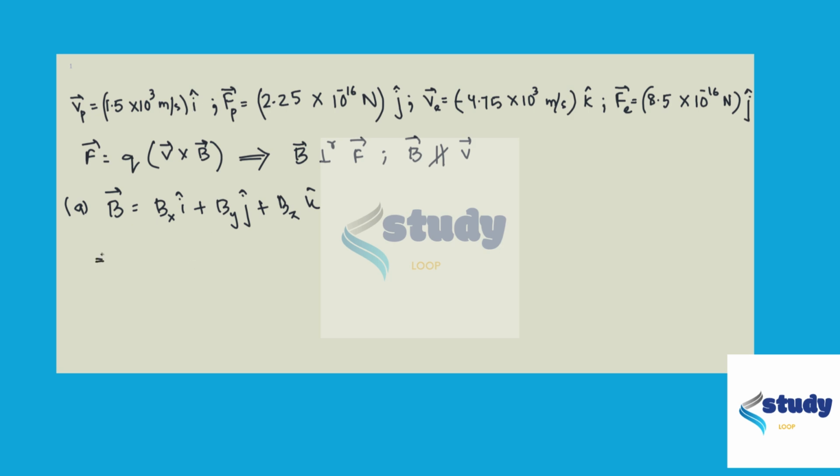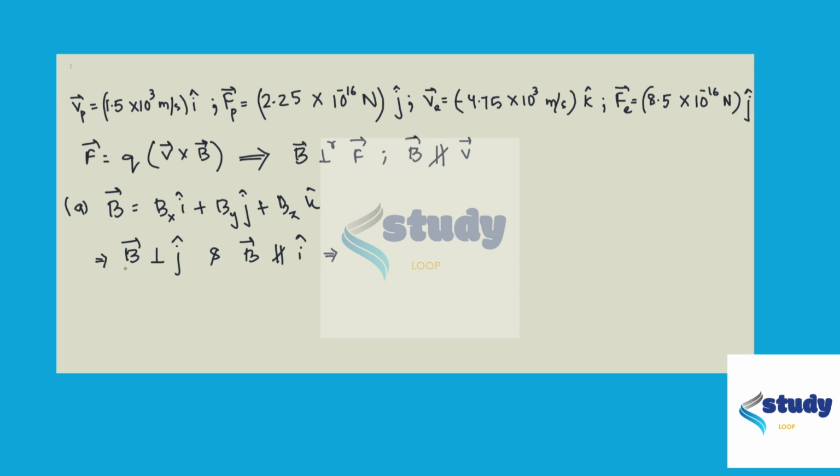This means the magnetic field should be perpendicular to the force, or j cap, and not parallel to the velocity i cap. So basically, the component contributing to the force, not the total magnetic field.